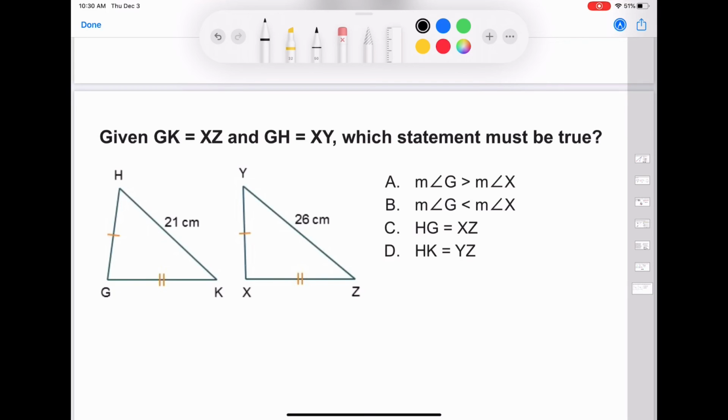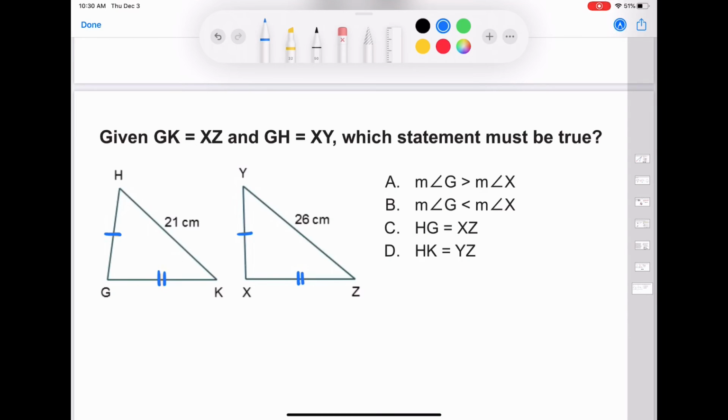Well, what we want to do is look at the converse of the hinge theorem, which is very similar to the one that we just saw, except it states if two sides of one triangle are congruent to two sides of another triangle, and the third side of the first is larger than the third side of the second, then the included angle of the first is larger than the included angle of the second.